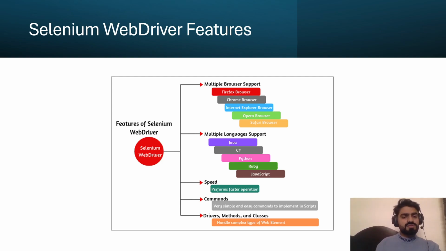There are also cons in Selenium WebDriver, which I just mentioned. Selenium WebDriver supports only web applications. That's the biggest con, right? It doesn't support any other kind of automation.